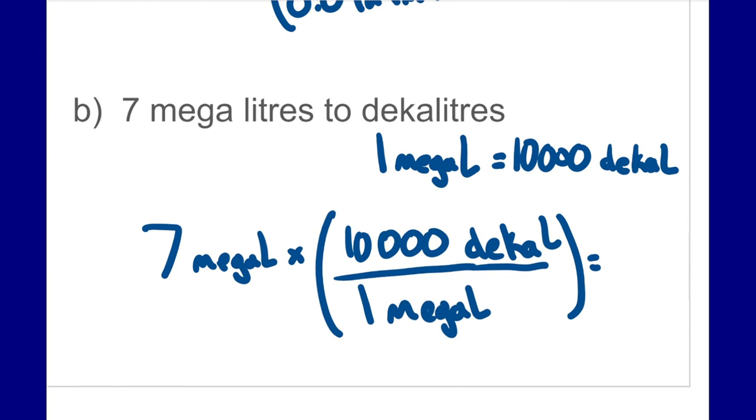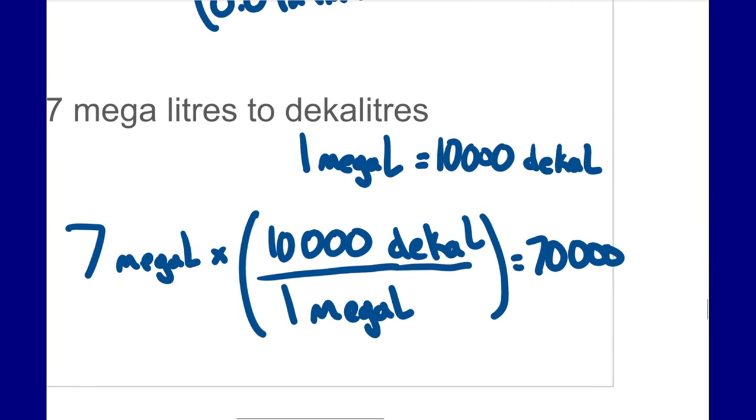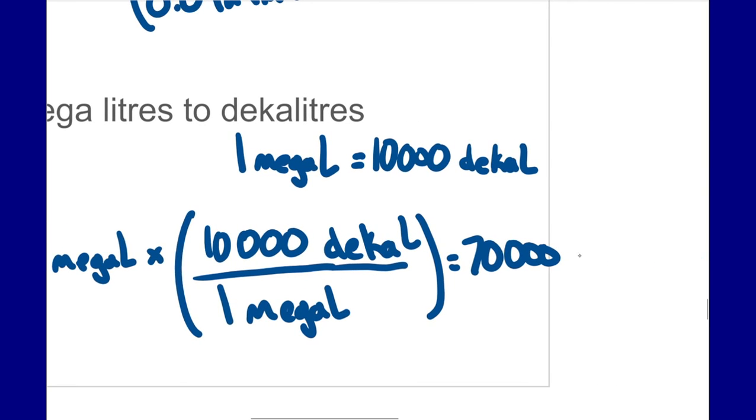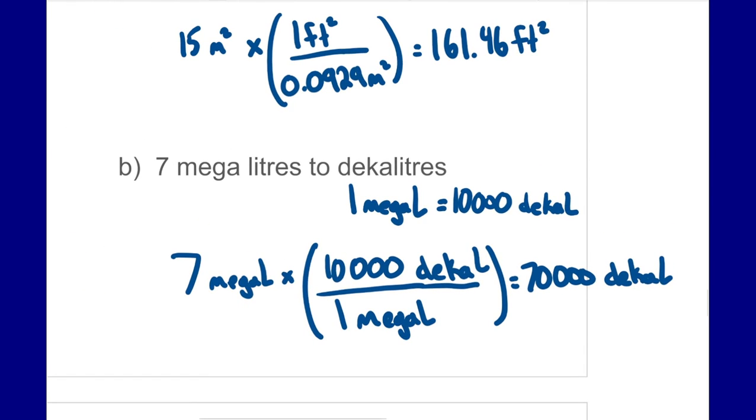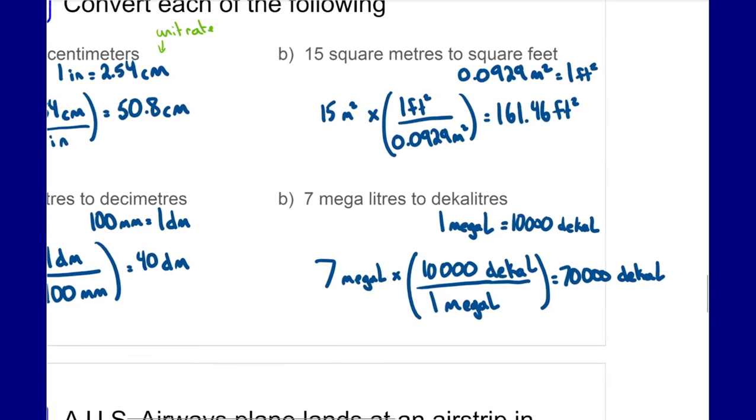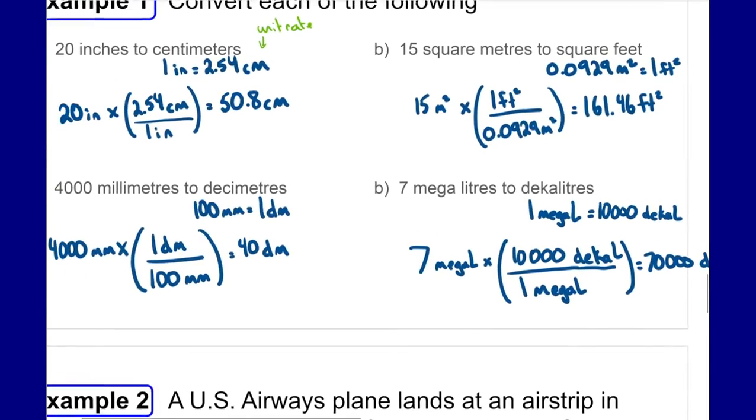So 7 times 10,000 divided by 1 gives us 70,000 decaliters. So again, same general formula using the unit rate will allow us to convert any two kinds of measurements together.